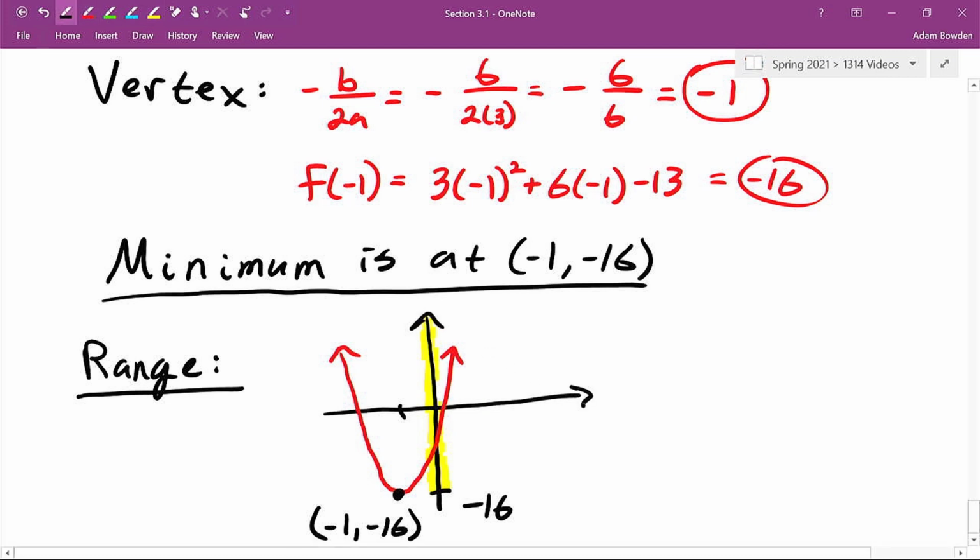So thinking about the y-axis with our parabola, we know that it goes all the way down to negative 16, and then it goes up toward positive infinity. So the range, once you know where the minimum is, would be negative 16, comma, infinity.